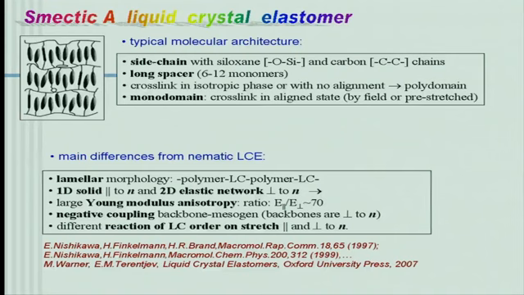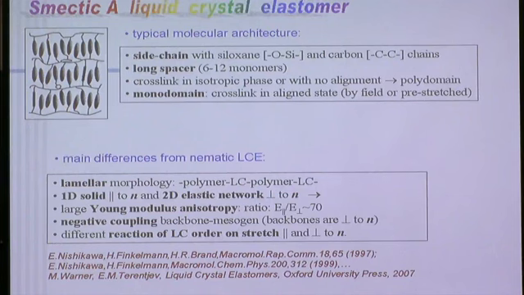Right, so what are the main features? Typically smectic elastomers are built up of a side-chain architecture with a relatively long spacer, 6 to 12 monomers. It is similar to the previous talk, where smectic phases were known to be observed when we have a quite long hydrocarbon chain attached. The main difference from nematic liquid crystalline elastomers is that a nematic elastomer is isotropic mechanically but anisotropic optically, while the smectic elastomer is anisotropic both mechanically and optically.